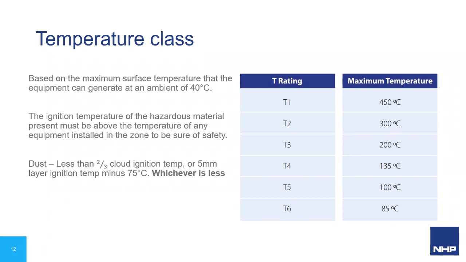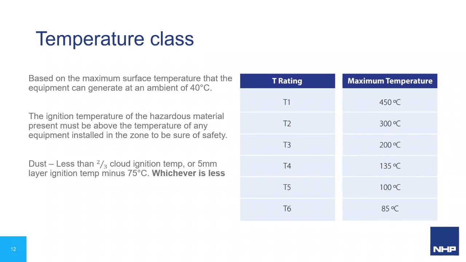Now, for dusts in particular, there are special requirements according to 60079.14, clause 5.6.3, and you need to look at both the cloud ignition temperature and the layer ignition temperature. So here, to figure out the temperature, you need to take 2/3 of the cloud ignition temperature and compare it with the layer ignition temperature minus 75 degrees.